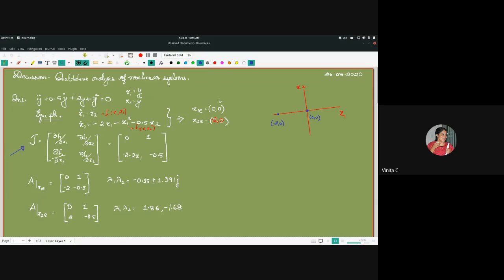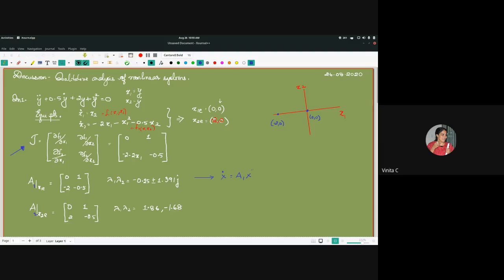Jacobian matrix കണ്ടുപിടിക്കുക എന്ന് പറഞ്ഞാൽ what did we do? About the equilibrium point, we are trying to linearize this system about 0, 0. If we linearize this equation about 0, 0, I will get a system of this form: x dot is equal to A1 into x, where this is a new variable.